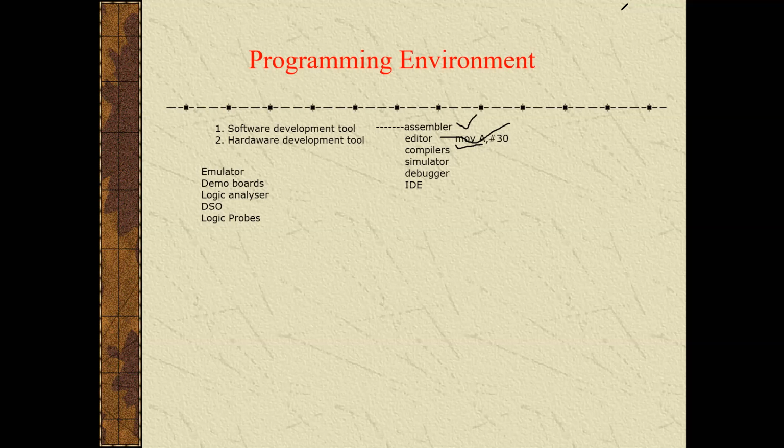Like the debugger, the emulator also allows the user to load the program to be tested, run the programs, check and modify the contents of the various registers and memory locations, and also insert breakpoints.